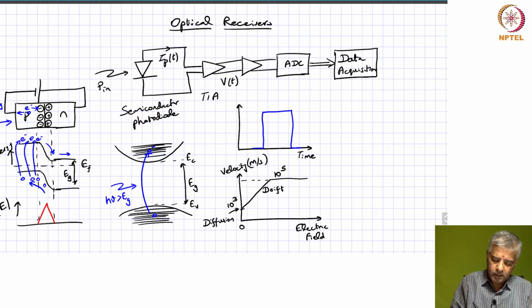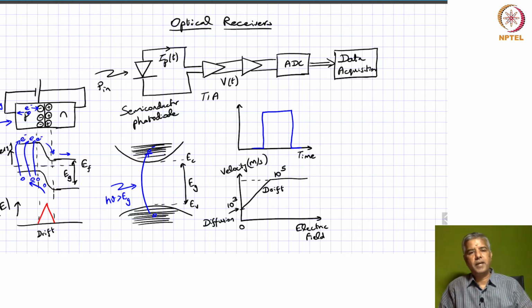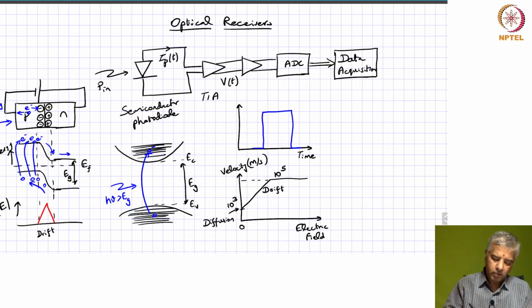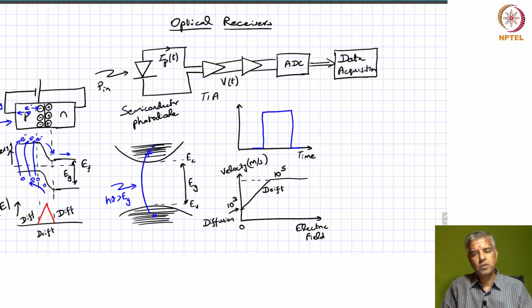You can clearly see in this picture that in these regions where you have a certain electric field, the carriers move under the influence of this electric field at drift velocity, whereas outside of this depletion region, they move with diffusion velocity.